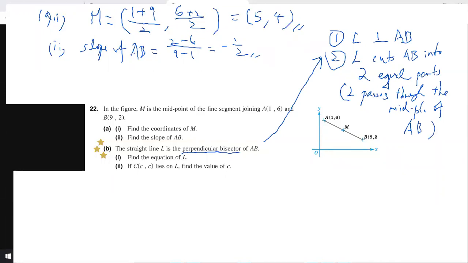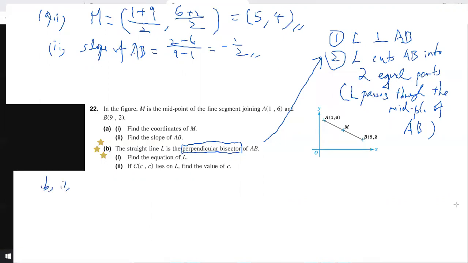Okay, this is L. So the perpendicular bisector of a line segment is two things: the line that is perpendicular and the line that bisects. Okay, so it is perpendicular to AB, and it cuts AB into 2 equal parts, which means that it is cutting through AB, passing through the midpoint of AB. Because the midpoint divides AB into two equal parts. Okay, so what questions can we do?